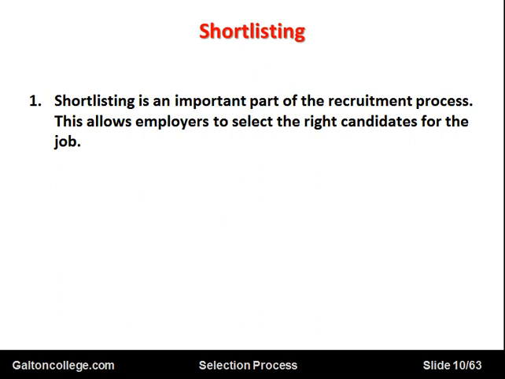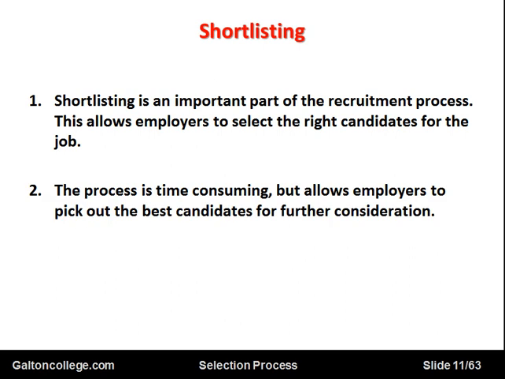So shortlisting is an important part of the recruitment process. It allows employers to select the right candidates for the job. So it looks at the complete set of responses and then throws out the subset of the responses which are most appropriate for that particular task or that particular job.